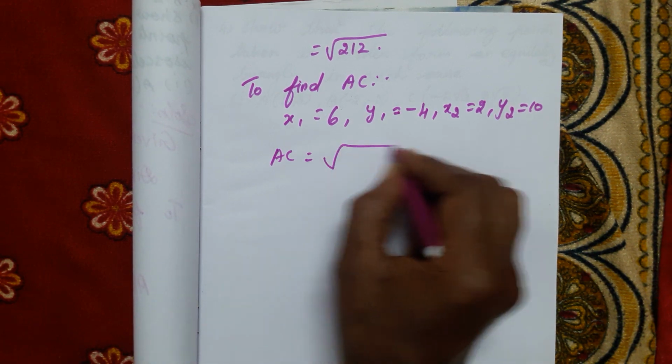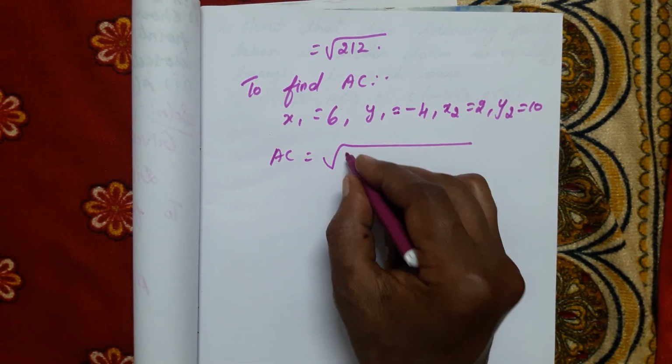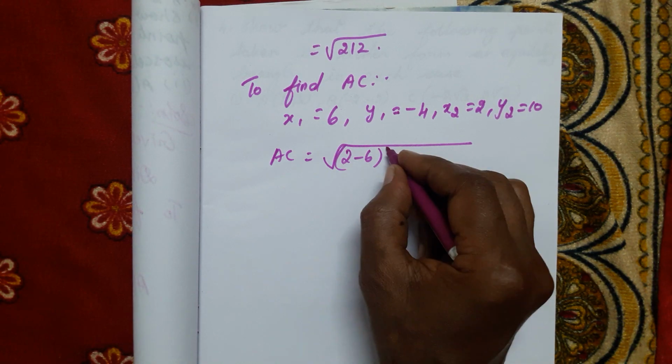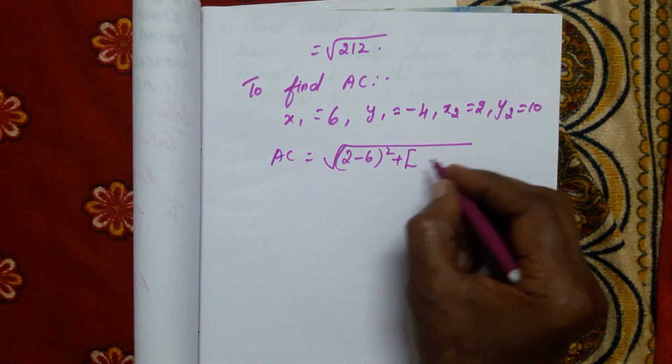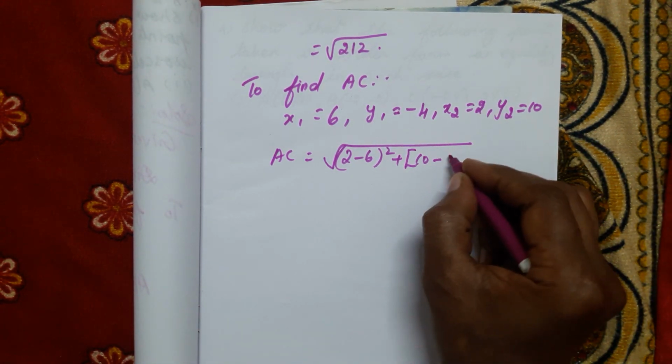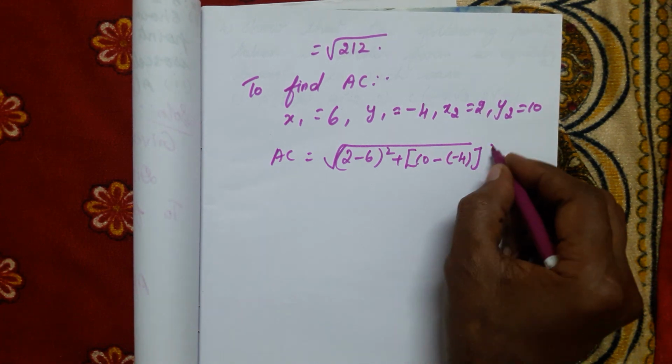AC is equal to root of (x2 minus x1) the whole square, means (2 minus 6) the whole square, plus (y2 minus y1) the whole square, (10 minus -4) the whole square.